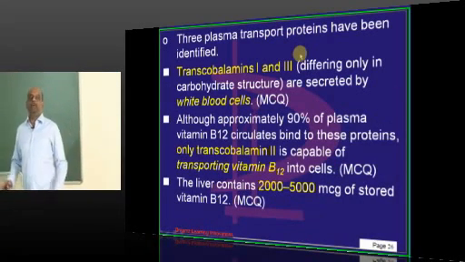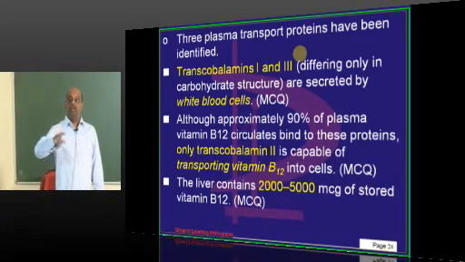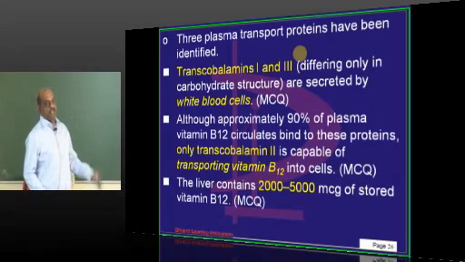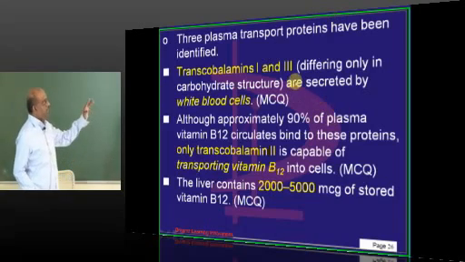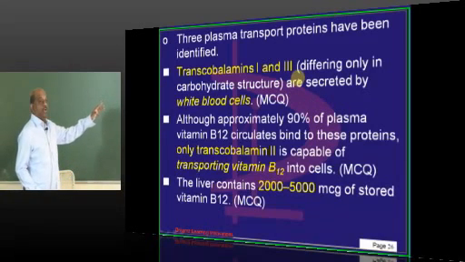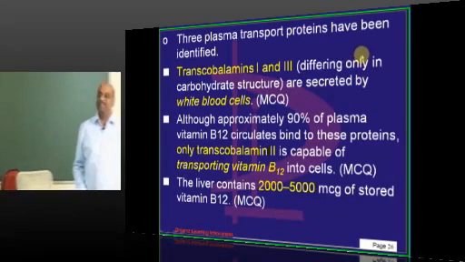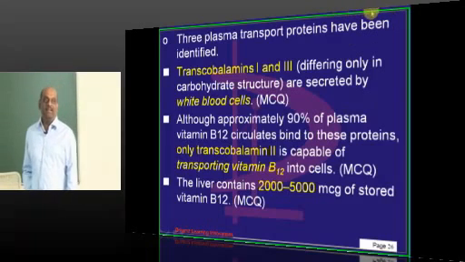Now comes a very important question, doctor. Who transports the vitamin B12 from the intestine to the liver? We have transcobalamins. In that you have 3 types: transcobalamin 1, 2 and 3. Who secretes transcobalamin is a very important question. It is the WBCs. Why is this fact important?